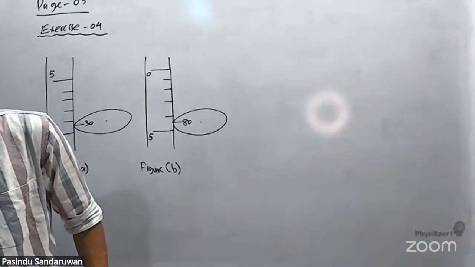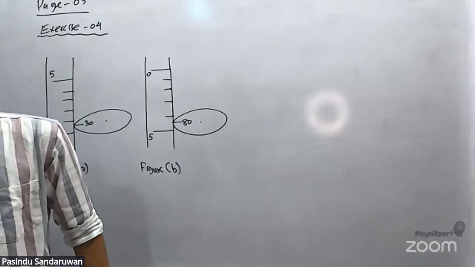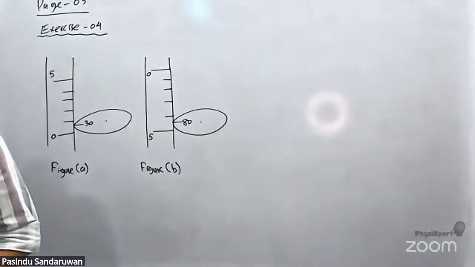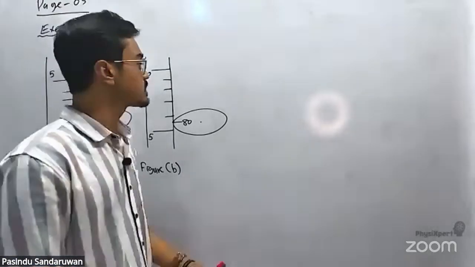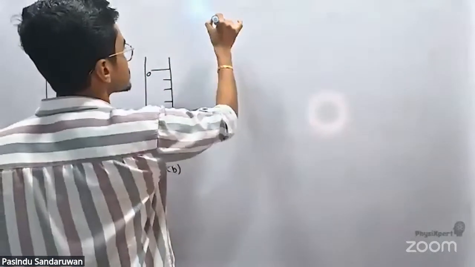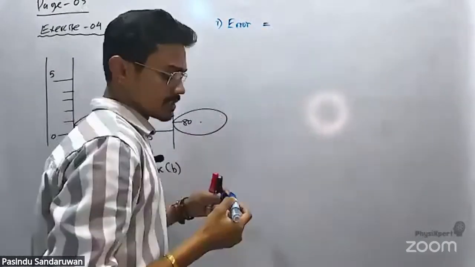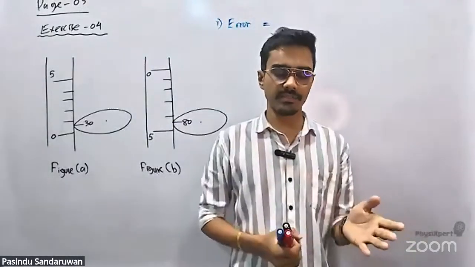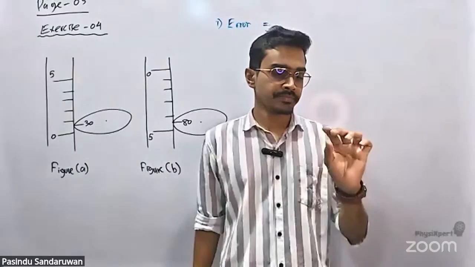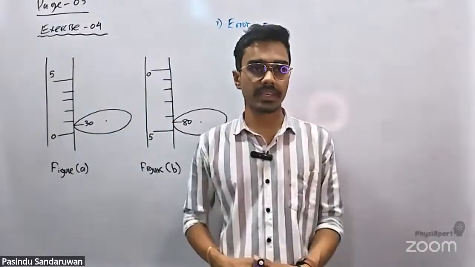Okay, first question: the value of error the instrument has. If I quickly recall the theory part involved here, there are two types of errors that can happen in the spherometer as well, right?